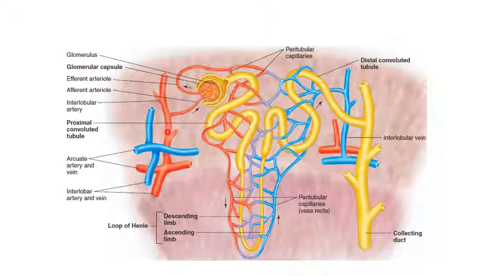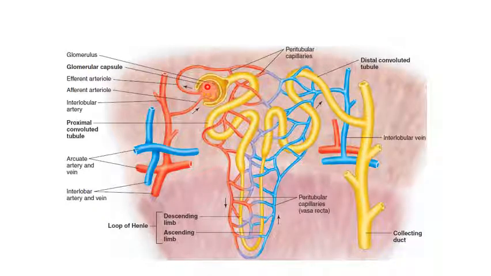The arcuate artery gives off branches called interlobular arteries. Then from the interlobular arteries, branches arise that are called afferent arterioles. Then the afferent arterioles further divide into a capillary network called the glomerulus.